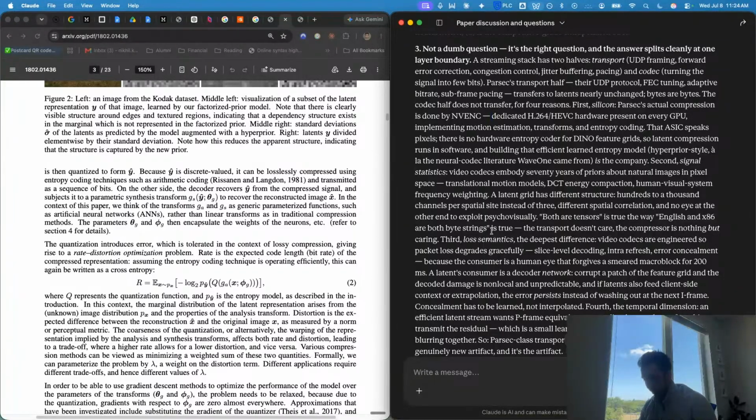And I was asking it, well, why can't that networking stack be reused for transporting latent representations of the video instead of the video itself? And why wouldn't that be pretty close to optimal out of the box, considering that both video and latents are just tensors in a network? Yeah, tensors.